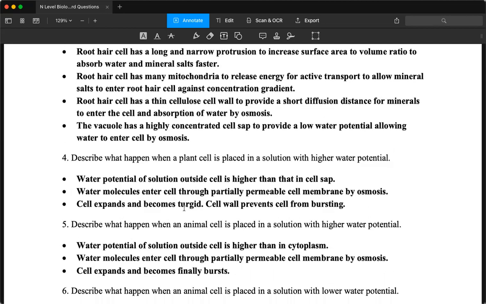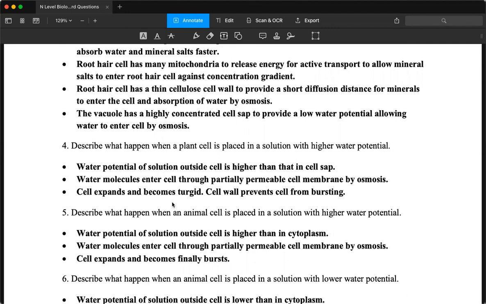Now, coming to the next topic, diffusion and osmosis. What are the standard questions and answers? Number 1, describe what happens when a plant cell is placed in a solution with higher water potential. Water potential of solution outside the cell is higher than that in the cell sap, and water molecules enter the cell through the partially permeable cell membrane by osmosis.